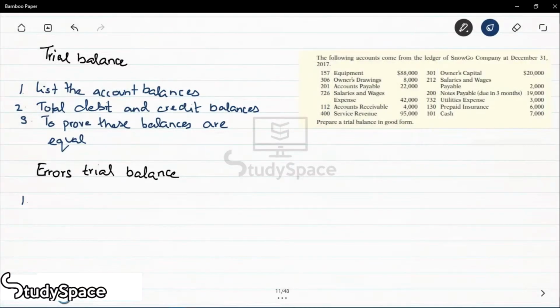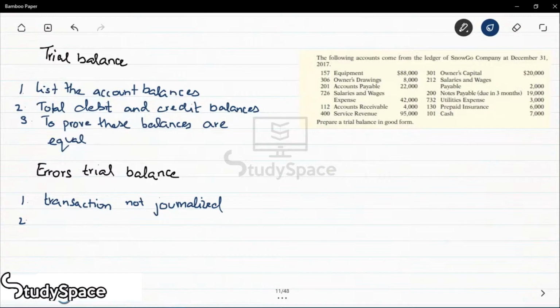So the first error is not entering a transaction into the journal itself, which is the first step for any transaction. If a transaction is not journalized, then that transaction does not show up in any of the books and therefore is of no use and has not been recorded.